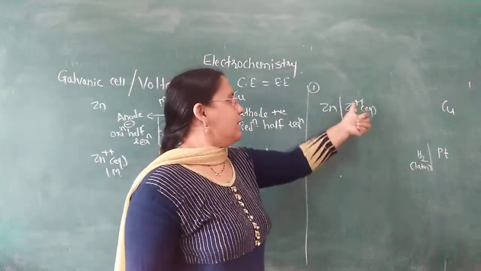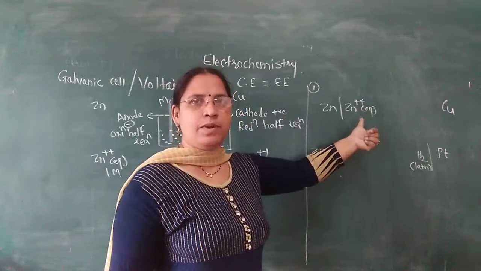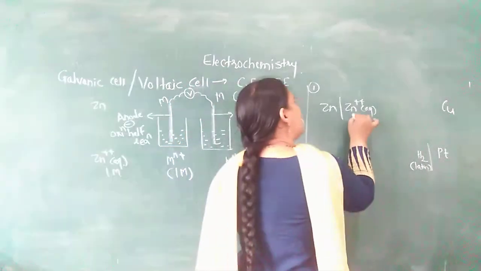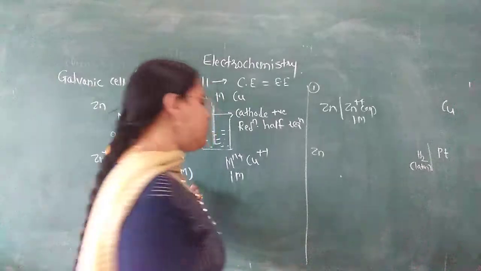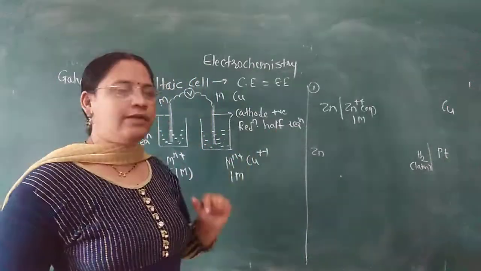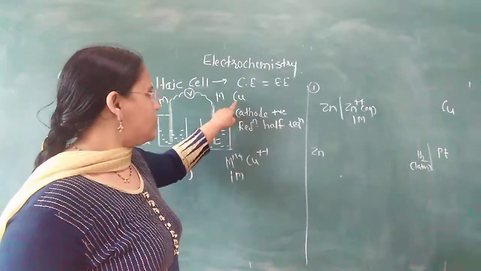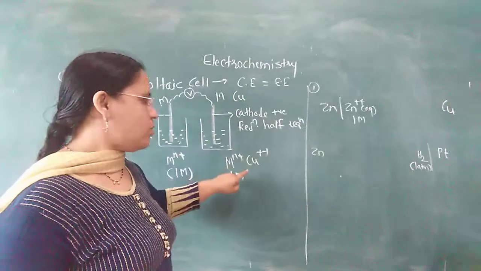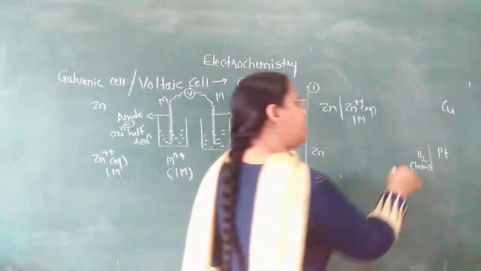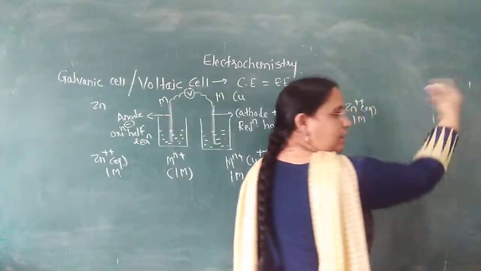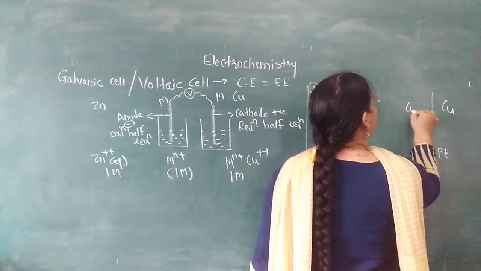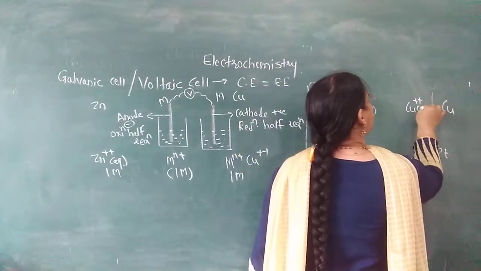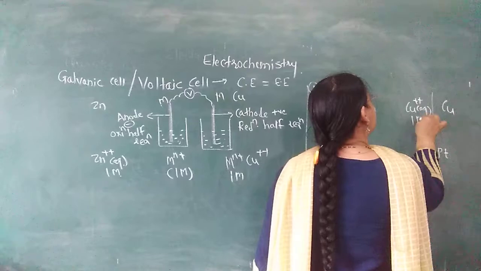So Zn in contact with Zn++ aqueous, having suppose a concentration of 1 molar. That we have to write. What is the second electrode? Suppose here the example is copper in contact with Cu++. Copper we have to write on the extreme right hand side. Then it is in contact with Cu++ ions in aqueous medium, having concentration 1 molar.